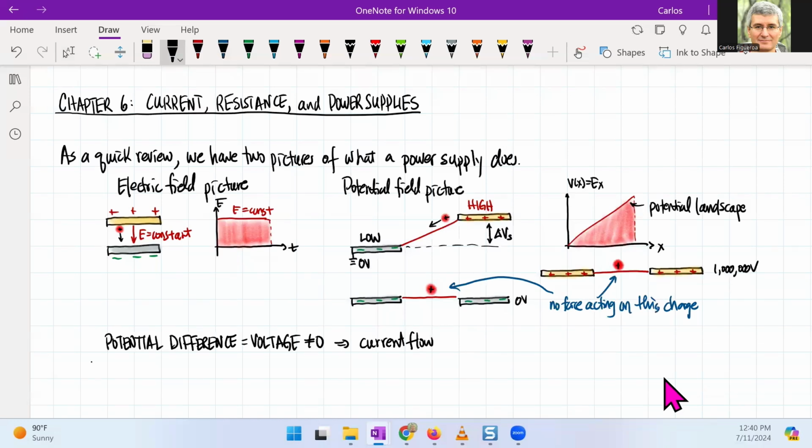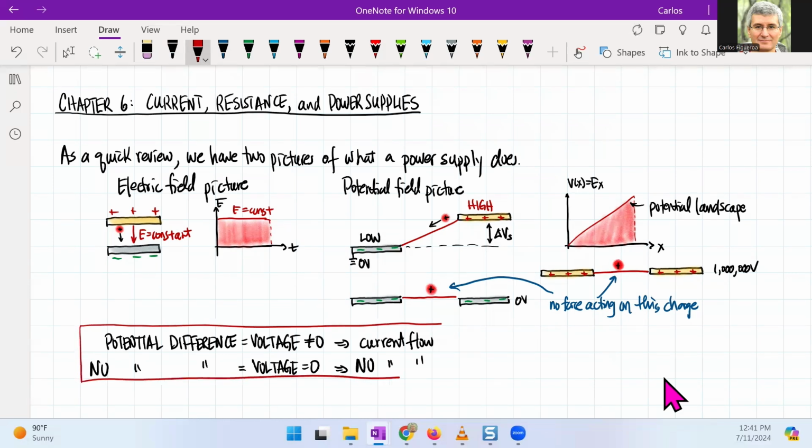If we have no potential difference, then the voltage is equal to 0. That tells us that there is no current flow. So the bottom line is, this is what we have to bank on as we start to analyze everything in the near future.